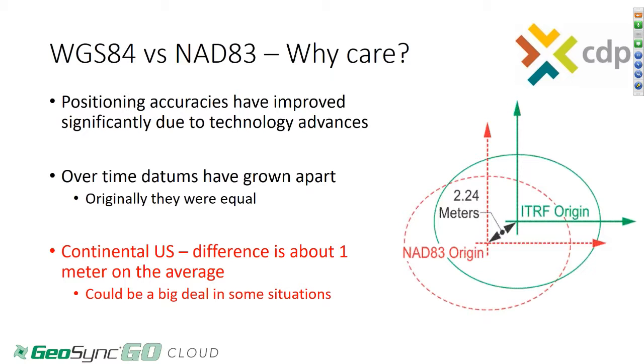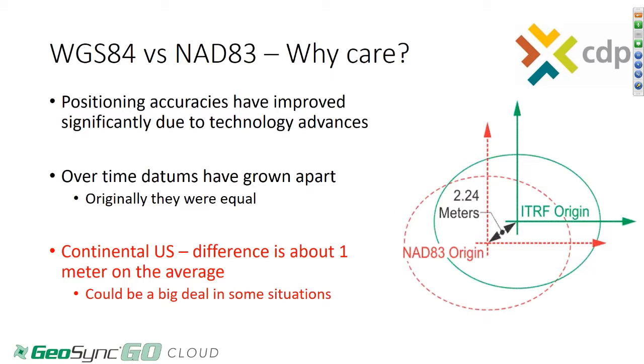But things have changed, and some of the things that have changed that really make a difference here are positioning accuracies. Those accuracies have now improved significantly due to technology advances. We used to use Google Maps and rarely worried about really accurate information. It was more general. We were using the GPS in our phone or a tablet, and it's not very accurate, so we didn't worry about that.